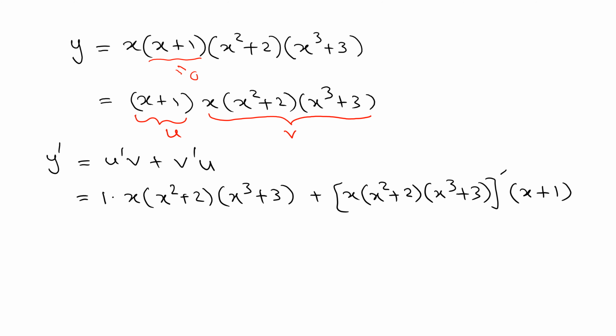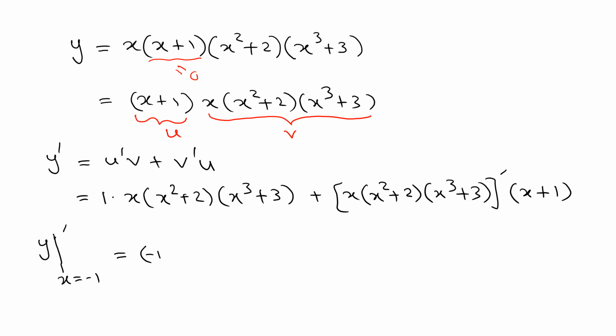Now let's evaluate the derivative at the point x equal -1, because we need the slope of the tangent line. If you want to find the equation of the tangent line, we need its slope. So the slope is y prime evaluated at x equal -1.